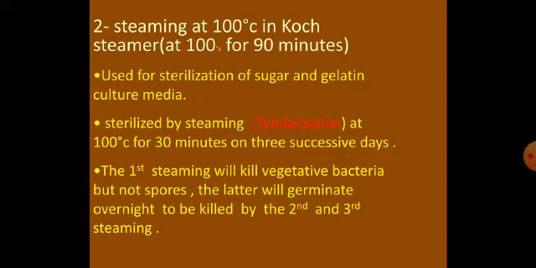This is sterilization by tyndallization. Tyndallization is the fractionation of moist heat at 100 degrees for 30 minutes on 3 successive days. This is in the case of sugar and gelatin-containing media, and it achieves complete sterilization and killing of even the spores that vegetate in the first and second days.